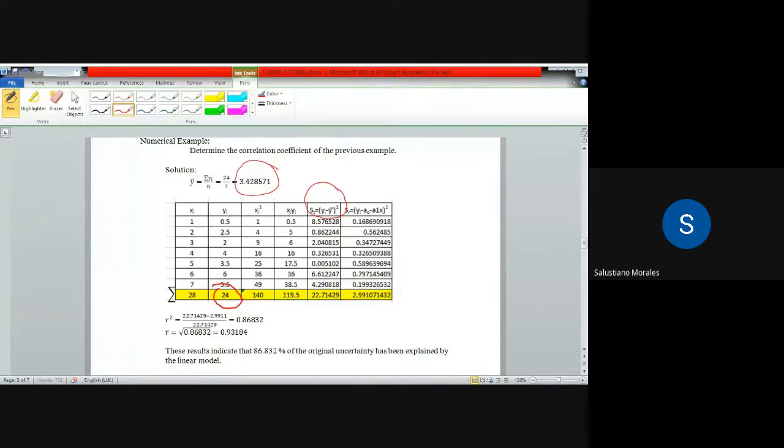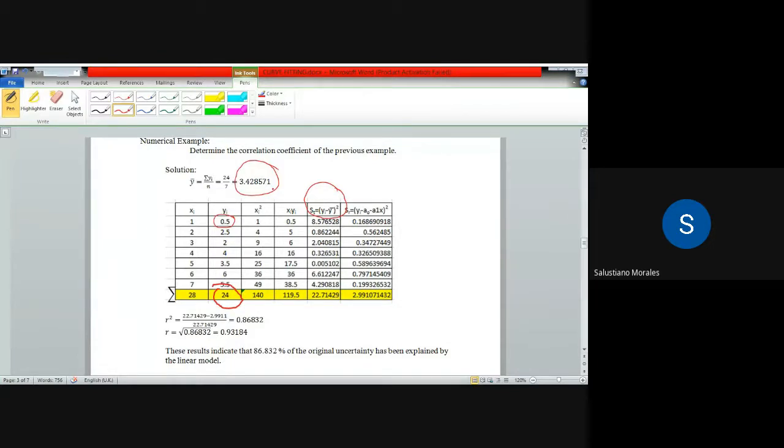So how could we solve this? It should be y sub i, which is 0.5, then our y bar is 3.42857. Then square that, and the result is 8.576528.